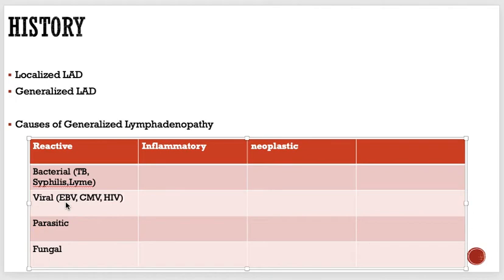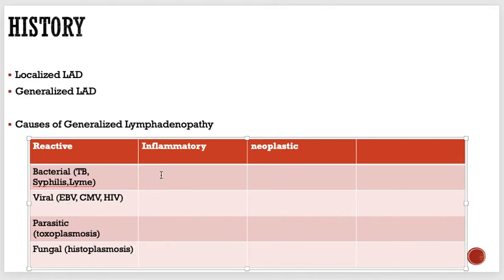All viruses can give. Parasitic infections like toxoplasmosis, or fungal infections like histoplasmosis. So all of these can give generalized lymphadenopathy.